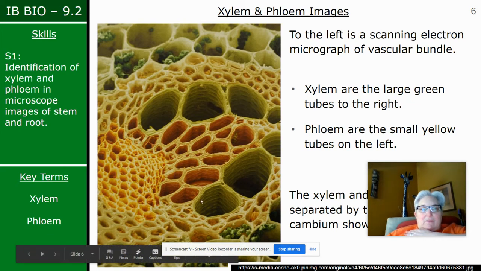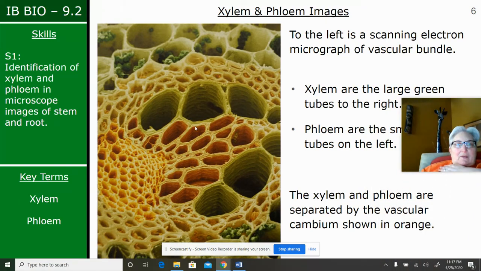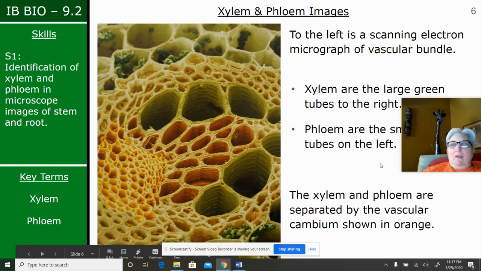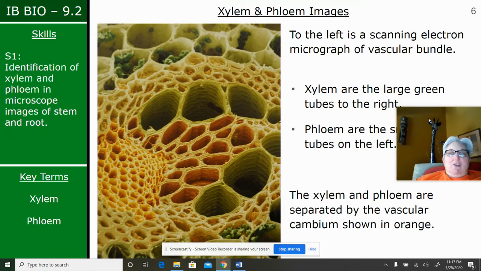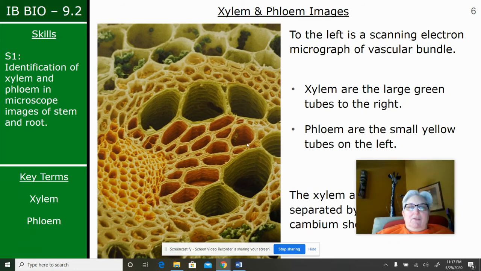And the cambium is this orange color here that separates the two. So xylem, phloem, cambium. All right, those are the three parts of what we consider to be the vascular bundle of the plant. So that gives you a good look at what we're talking about.